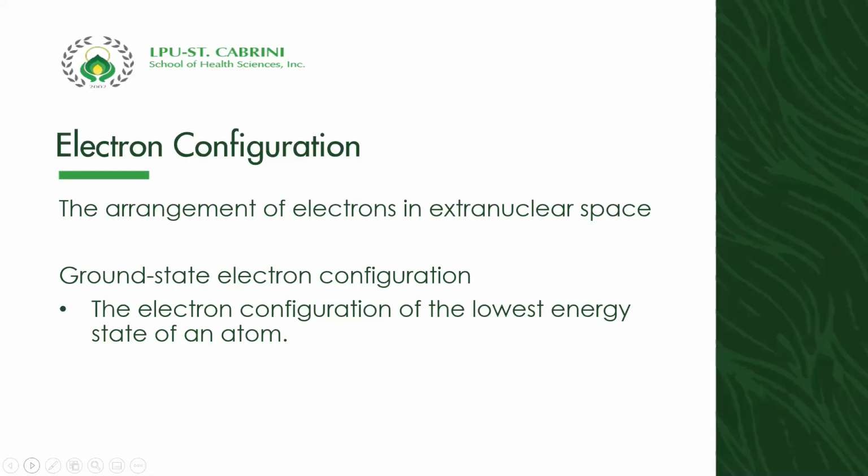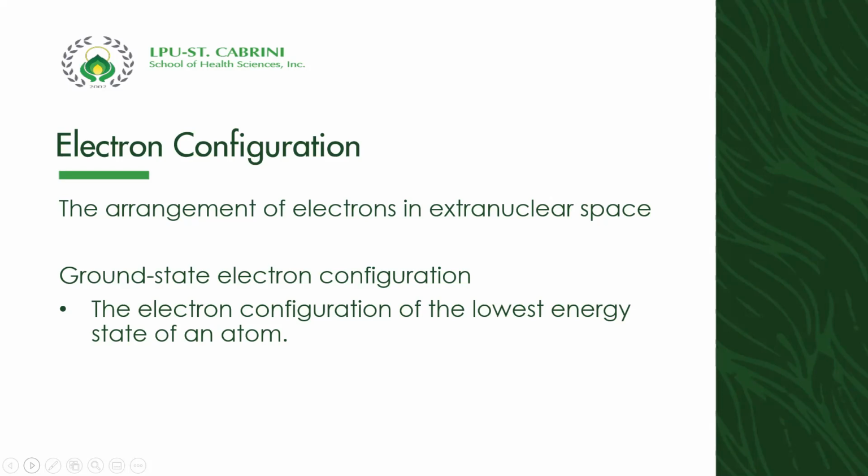Electron configuration is the arrangement of electrons in the extranuclear space. A description of the orbitals of an atom or ion occupied by an electron is also another definition of electron configuration. We can also say that the electron configuration of an atom is the description of the orbitals that it occupies.